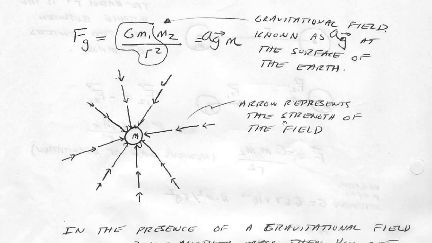So, what does it look like when you have a mass just by itself? Well, typically, if you have a mass, it's just sitting there and it's creating a field. You only need one mass to create a field. You see that right there? One mass to create a field. And that field is going to vary as a function of 1 over r squared.